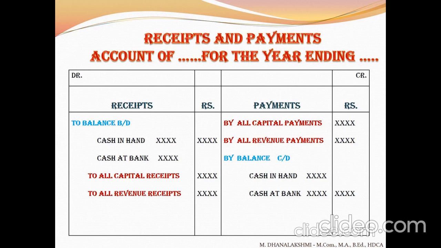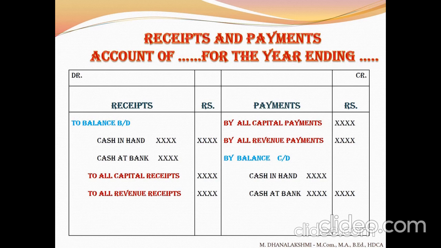That is revenue payment. All these will be entered in the payment side, and finally you will have a balancing figure, either debit side or credit side. That will be called the closing cash balance.